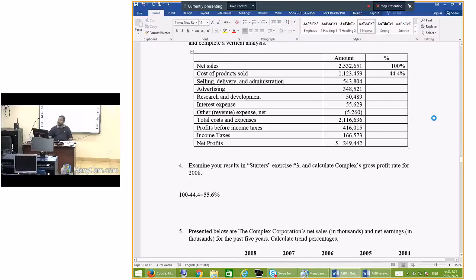Or otherwise you can take the full figures, 2532 minus 1143 is the gross profit. Gross profit divided by sales is the gross profit ratio. Anyway, gross profit ratio is 55.6%.